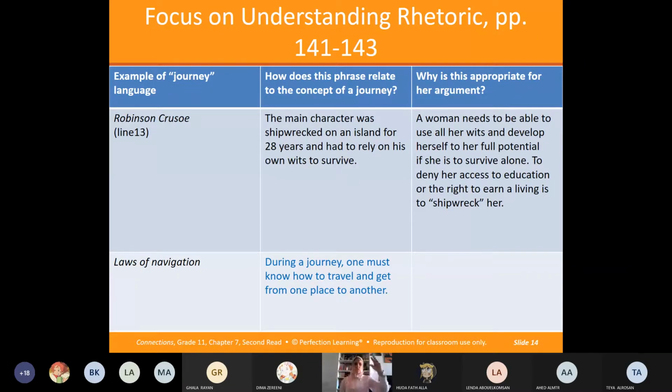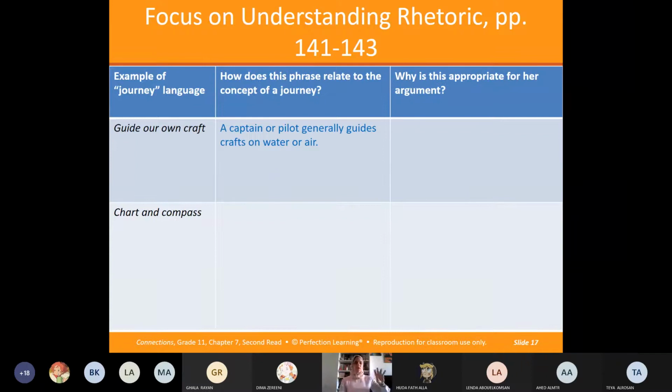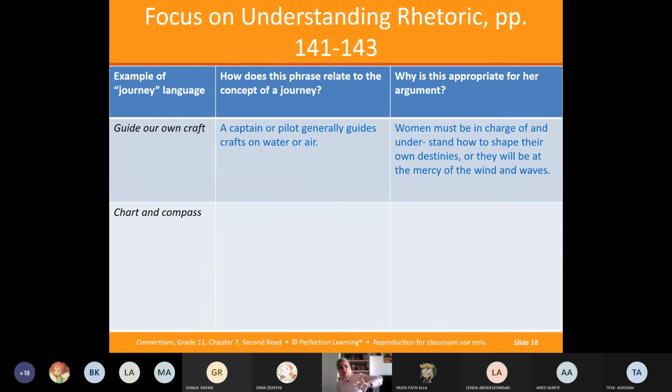How? Mentioning laws of navigation to journey. Laws of navigation to journey is like women need to know how to survive. Guide our own craft to journey is like women need to be in charge of her own destiny.